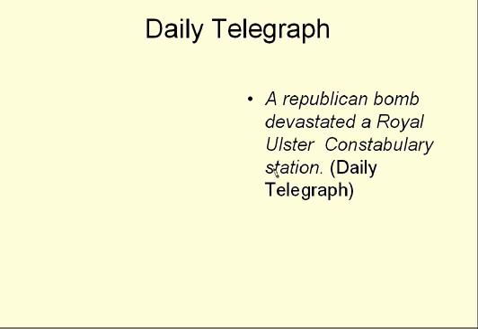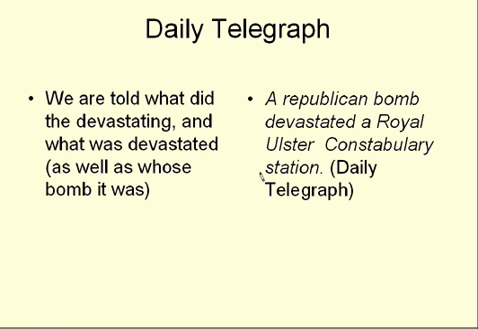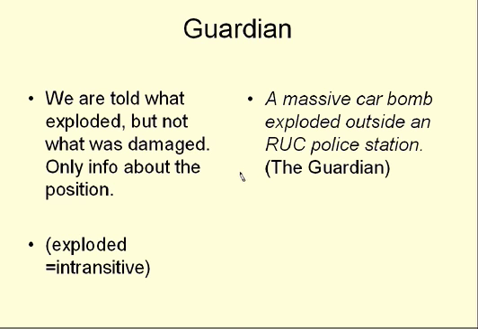In the other version we are told what did the devastating and what was devastated: a Republican bomb devastated something else. In the last example, using an intransitive verb, you see that it's reality but reflected in a different way.